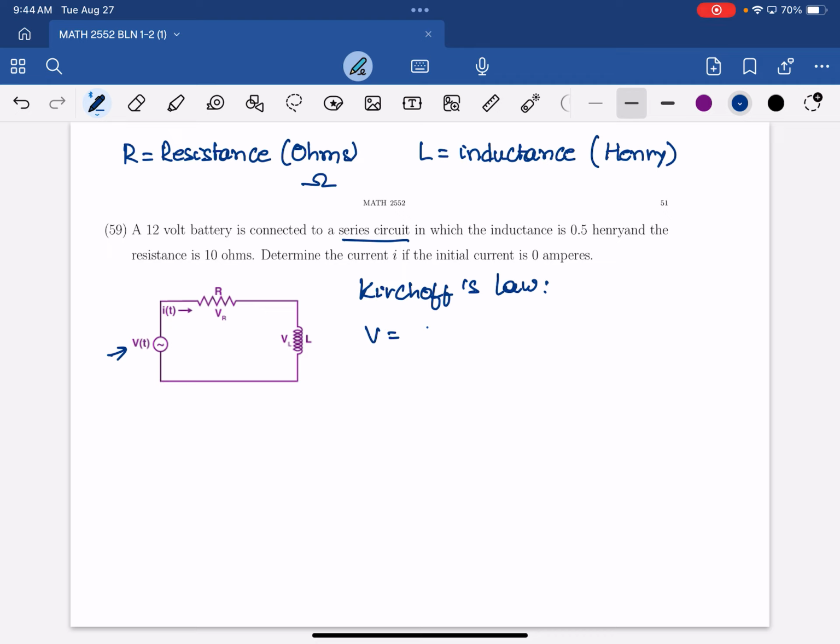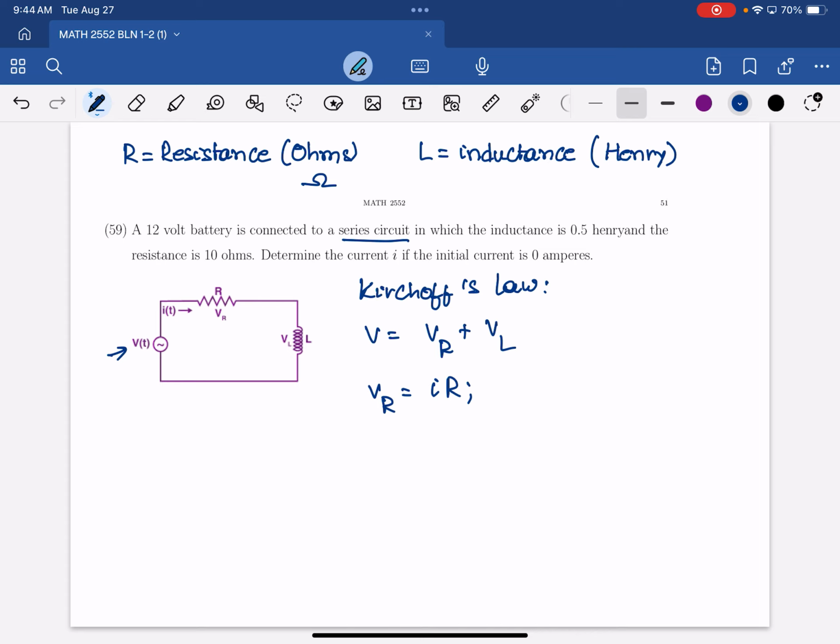So the total voltage is the sum of the voltage drop across the resistor plus the voltage drop across the inductor. The voltage drop across the resistor is proportional to the current passing through it, and the constant of proportionality is the resistance.